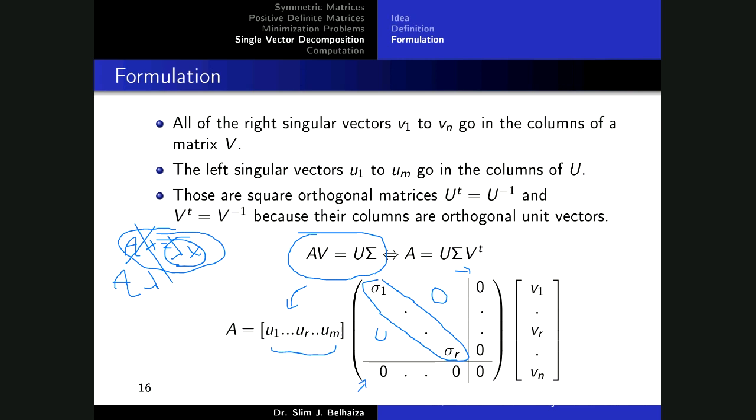Finally, you can put all the V vectors from v1 till vn. Of course, you can stop at vr. Those are the most interesting ones. The other ones, from v_{r+1} to vn, as we said in the definition, are in the null space. Similarly here, from u_{r+1} to um, we are in the left null space, or the null space of A transpose. And the idea is to come up with this kind of factorization, which is the U sigma V factorization.